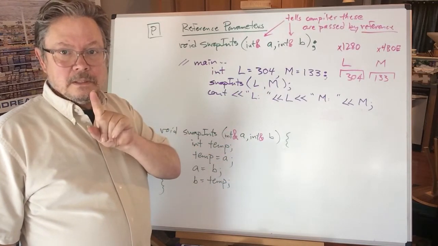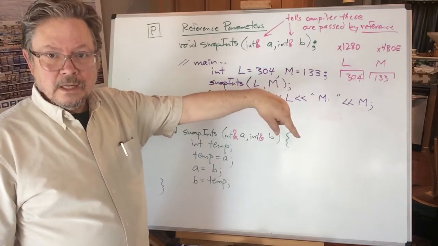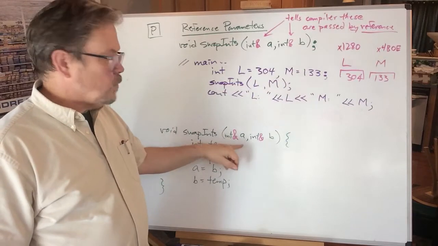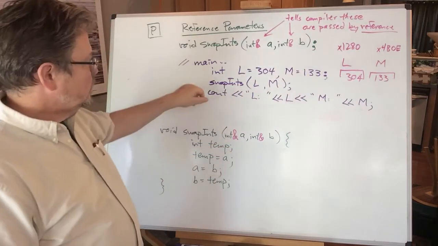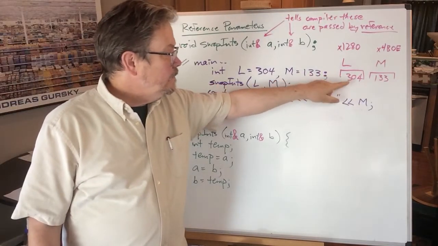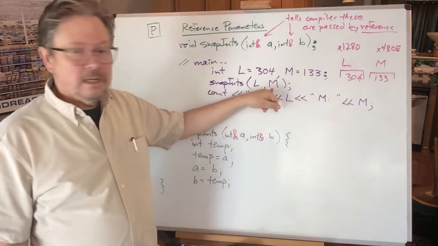What that means is it's not passing 304 and 133. It's passing the address of where those variables live. Let me say that again. When this function is called, L and M, it is not sending to the function 304 and 133.